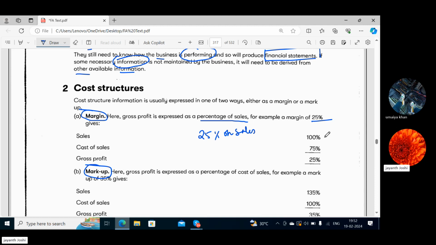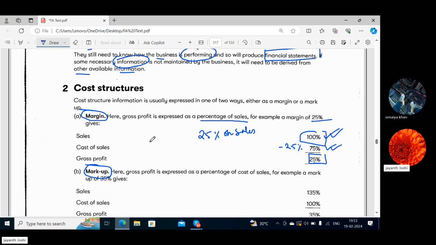Here the example is given: if sales is 100%, cost of sales will be 75%, that means 100 minus 25, and gross profit will be 25%. So here gross profit is expressed as a percentage of sales, because 25% of 100 is 25.